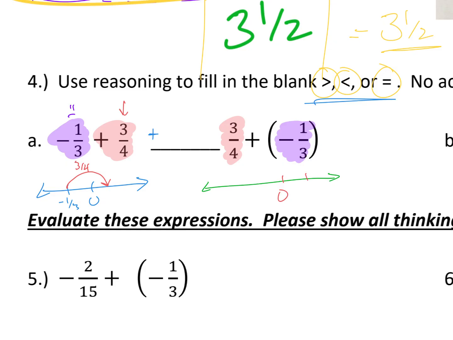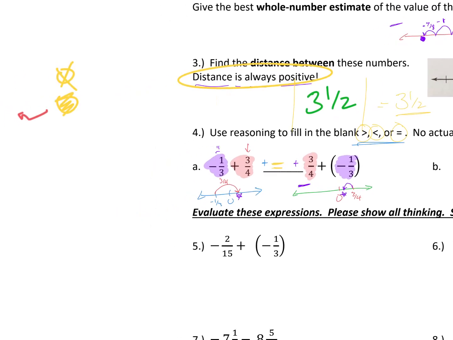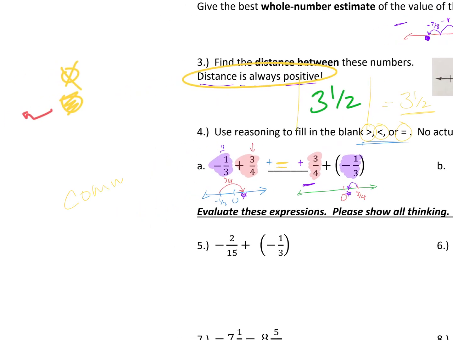There's 0, there's 3/4, and then they're going to go in the negative direction 1/3. So guess what? This is on the positive side. This is on the positive side. We're going to have a positive result. These two are equal, okay? This is called the commutative property, by the way.